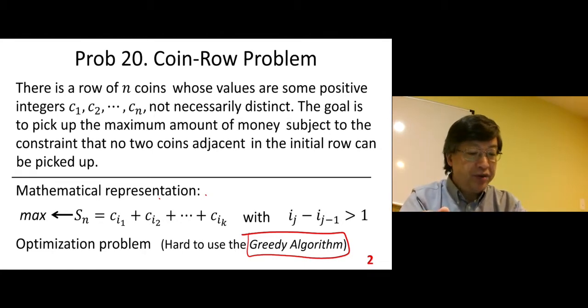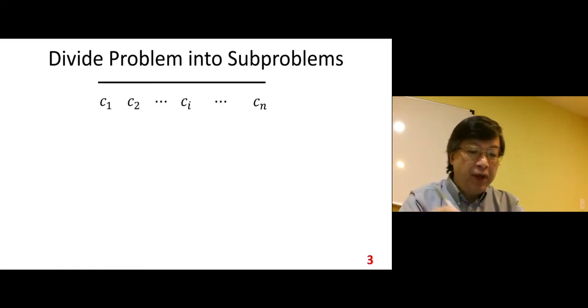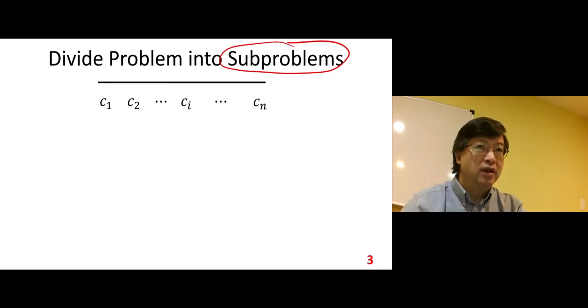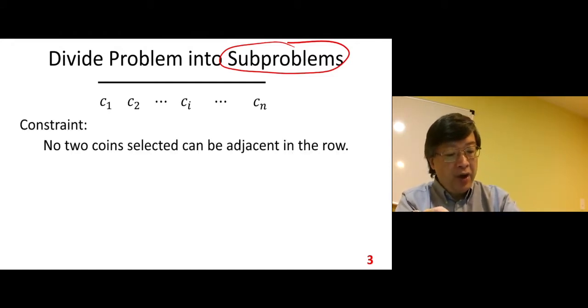So we use dynamic programming. Divide the problem into subproblems with a recurrence relation. If we can do that, we solve the problem. Now the constraint: no two coins selected can be adjacent in the row.